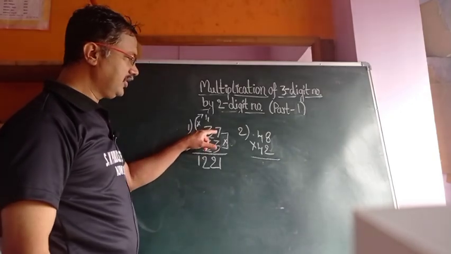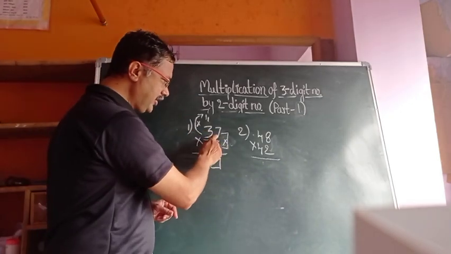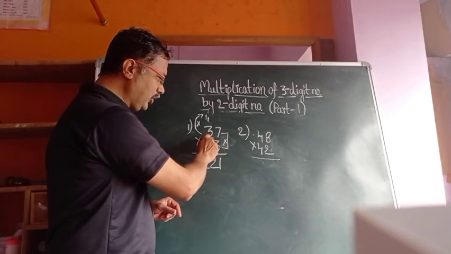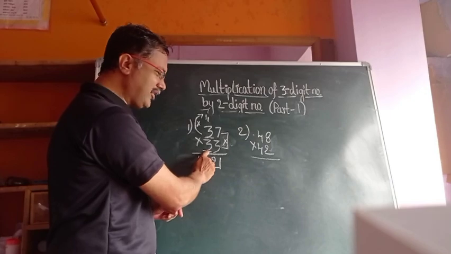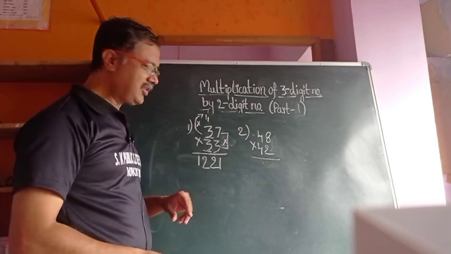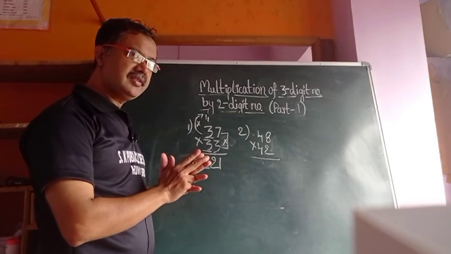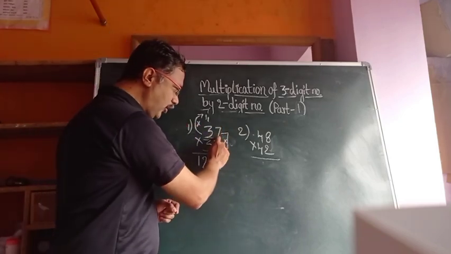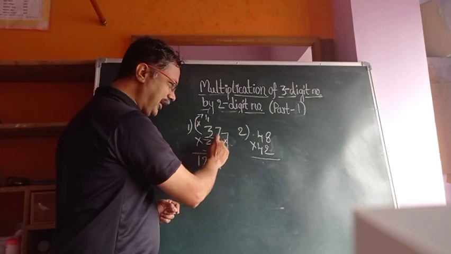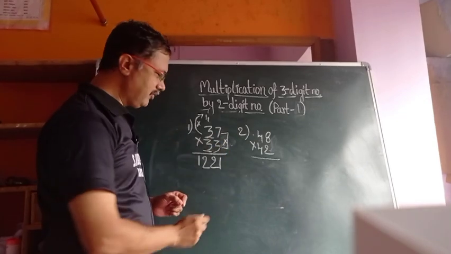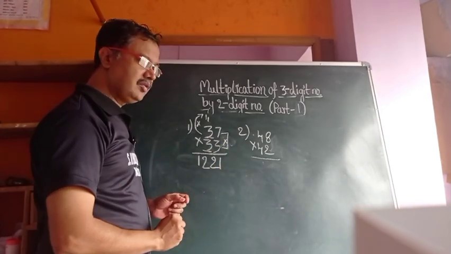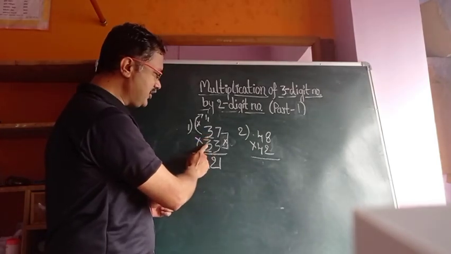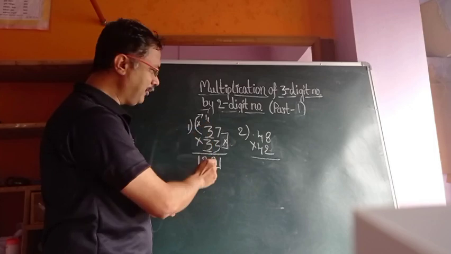Yes, children, understood? Once again I'll repeat. If you add these numbers, then it becomes a 10, and in tens place, both the numbers are same. In that case, directly you can solve the problem. How? You have to multiply this 7 into 3, write the answer here downside, and take any one number, either downside or upside, because both are same.